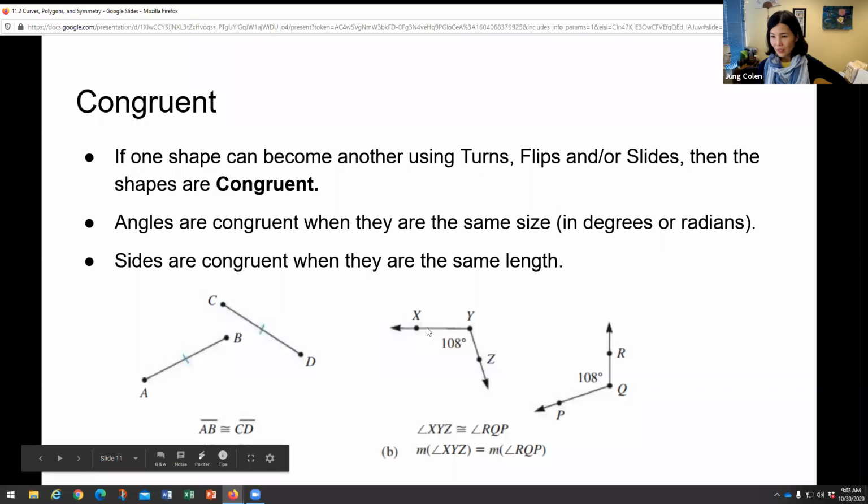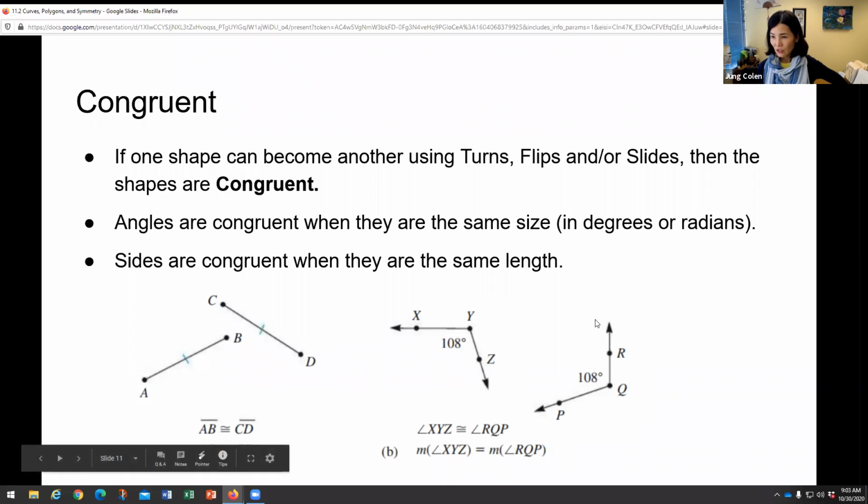Look at the angles too. So we know angle XYZ is congruent to angle PQR or angle RQP. It doesn't matter whichever direction you go, right? Just make sure your vertex goes in the middle. Q or Y is in the middle.